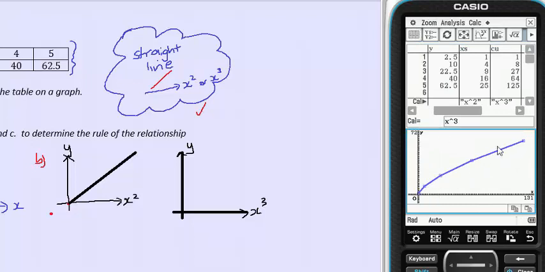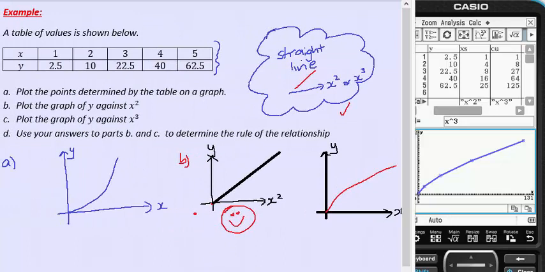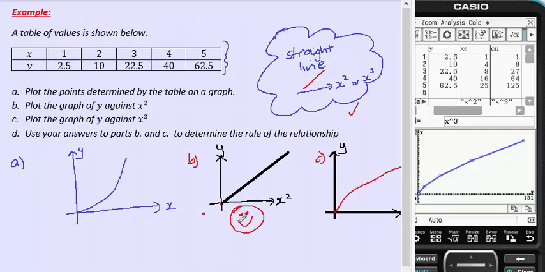And now I see that this isn't curved. So the fact that it's not curved tells me that this isn't the best relationship, and that this one is the best relationship. Because the x squared gives me a straight line, I know that my x squared relationship is going to be the right one.